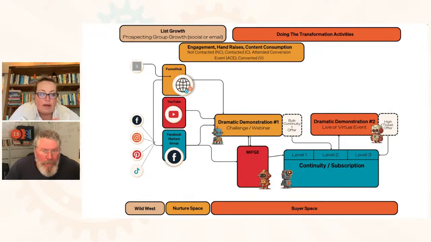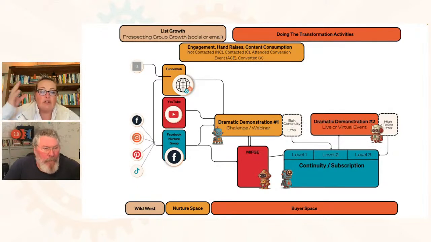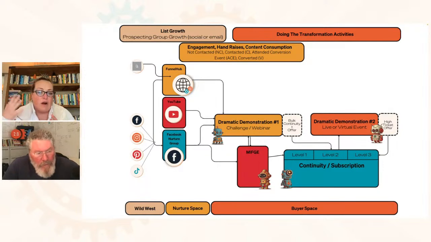The first is the Wild West, like the social content wheel, where you're just publishing and producing content. Then there's the nurture space, which I don't think anybody is really talking about very much except for Group Track. That's why we partner with them and advocate for them, because in that nurture space they're by far second to none. And then the buyer space is where you're using a funnel, they're coming into your world, buying your thing, opting into things, and you are nurturing them along the way.